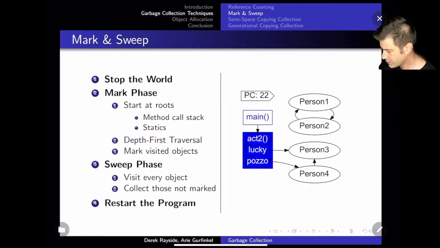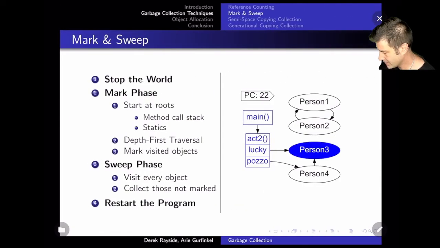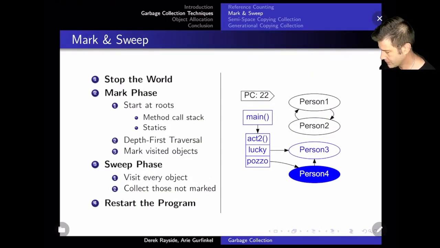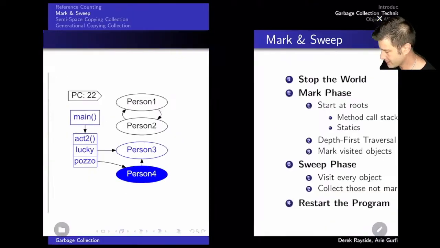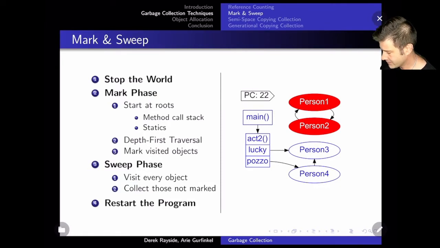Okay, so let's see. First we find what's on a stack, we color it blue, we then follow the arrows and we say, okay, we can get from Lucky to person 3, that's blue. We go back, we go to person 4, mark that blue. We see person 4 can reach person 3, that's already marked, so we're done. We backtrack, and now we have everything colored in blue that was reached.